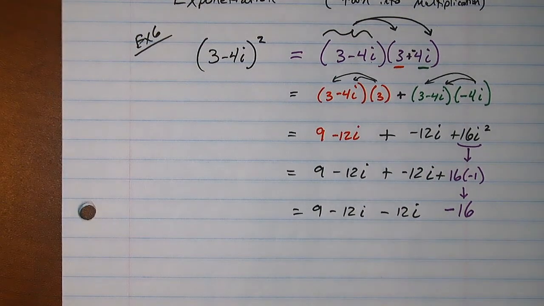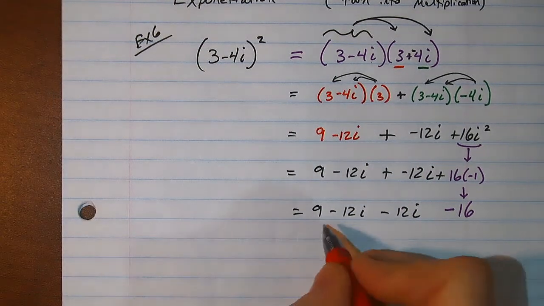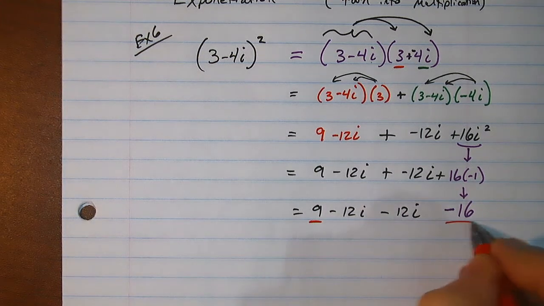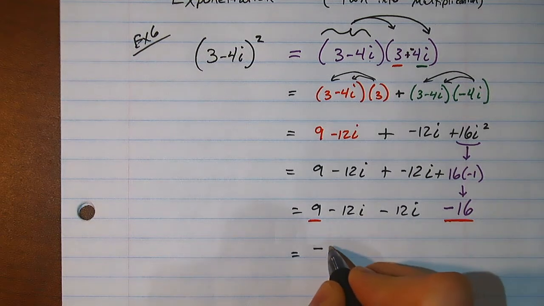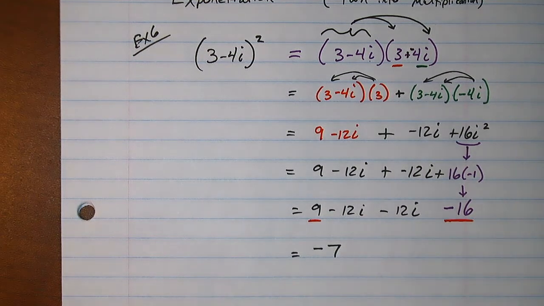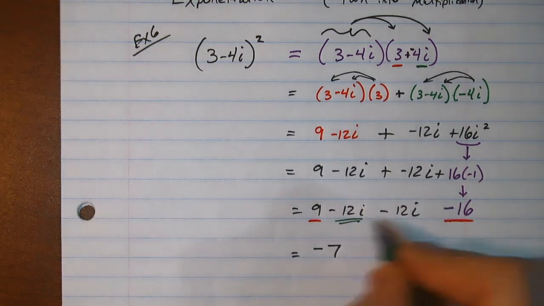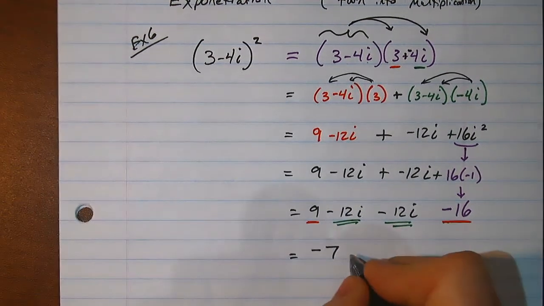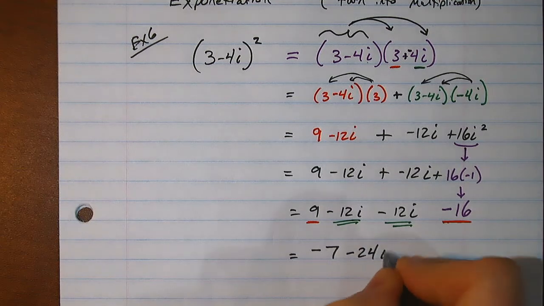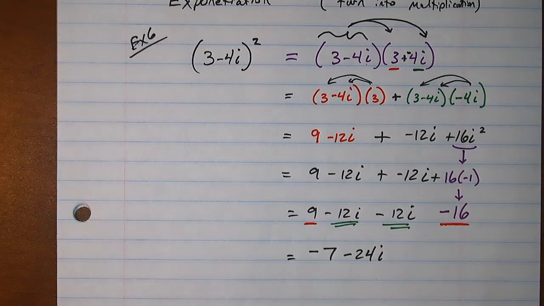I'm ready to combine like terms. So I have a real part of 9 and a real part of -16. When I combine those real parts together, I'm going to get a -7. And I have an imaginary part of -12 and another imaginary part of -12. When I combine those together, I'm going to get -24i. And so that becomes my final answer.